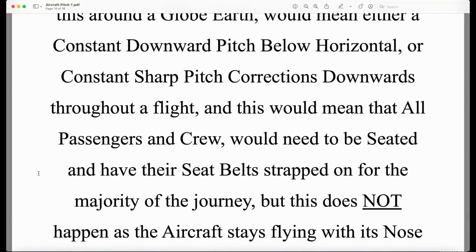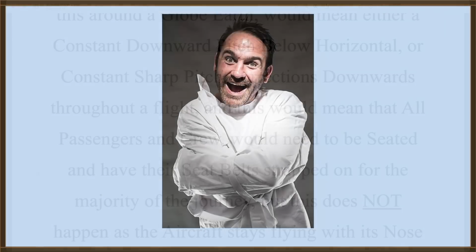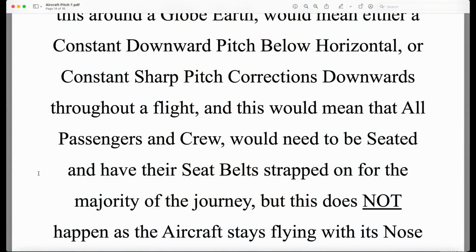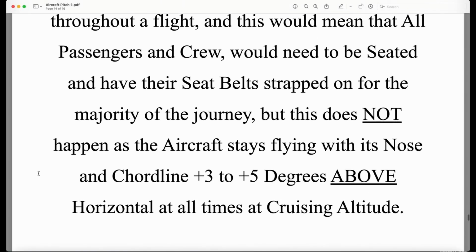And this would mean that all passengers and crew would need to be seated and have their seatbelts strapped on. This is what you need to have strapped on, Brian. For the majority of the journey. But this does not happen, as the aircraft stays flying with its nose and chord line 3 to 5 degrees above horizontal at all times at cruising altitude.